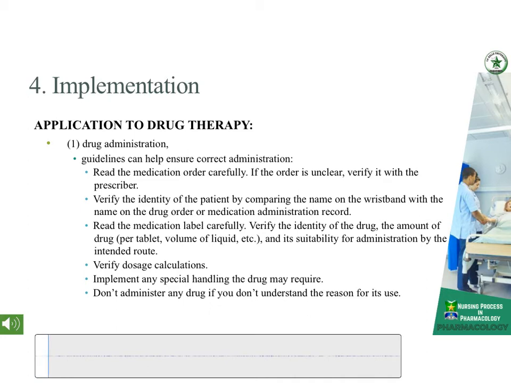Later, I will introduce to you the different rights of drug administration and their importance. Although you can implement the rights without detailed knowledge of pharmacology, having this knowledge can help you reduce your contribution to medication errors.